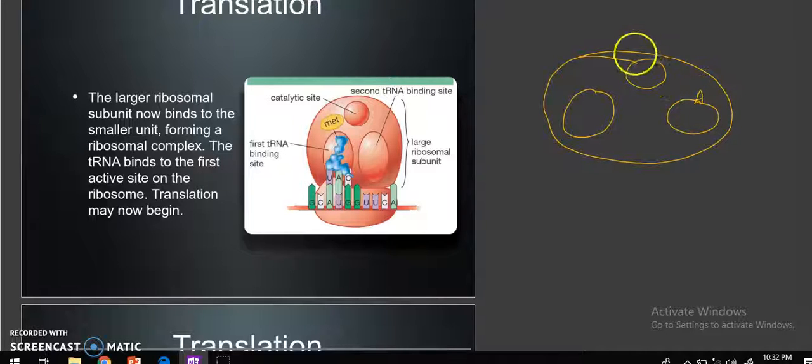So the single-stranded mRNA will go to the ribosomes, and these large ribosomal units will help in the translation process.